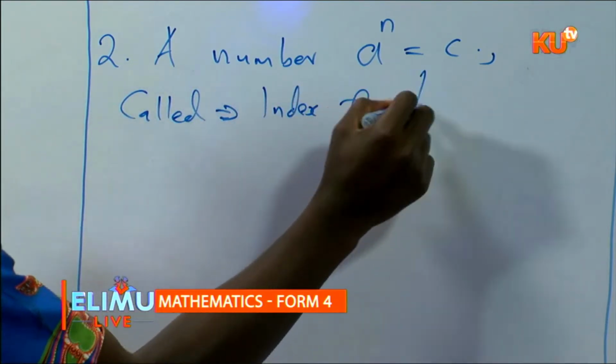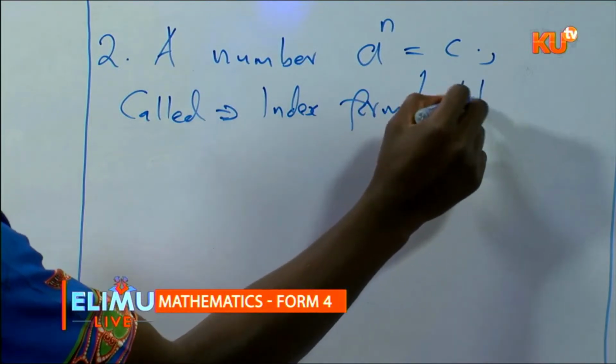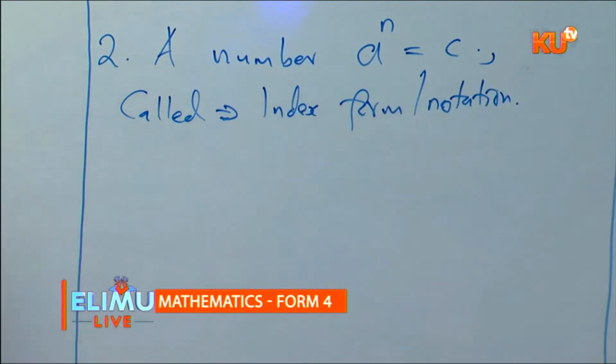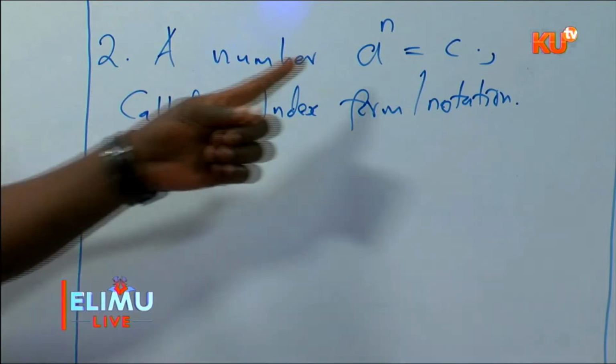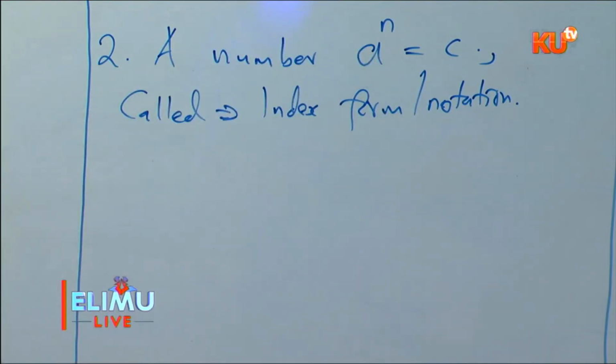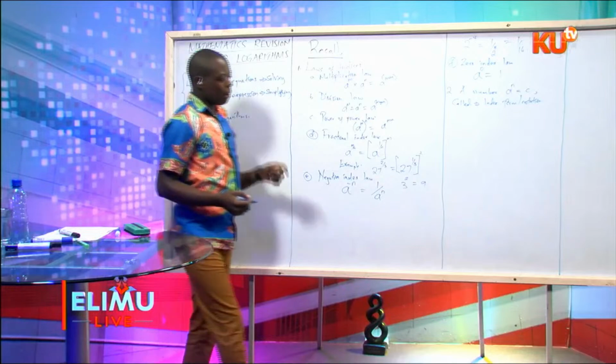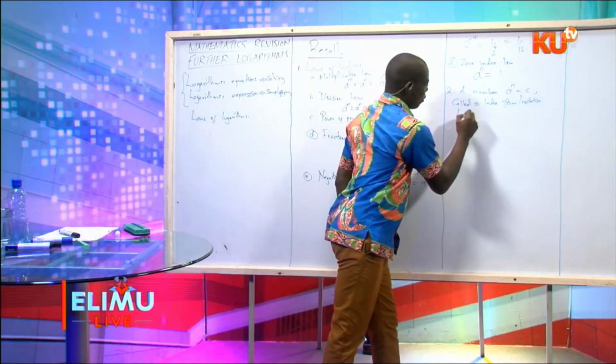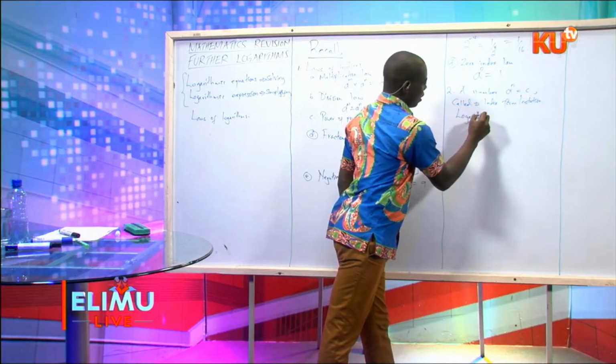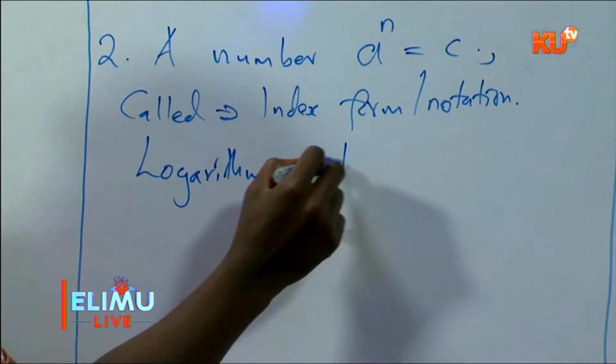This is the index form or index notation of the number a power n. We can change this now to introduce logarithms. And so we end up with what we call logarithmic notation.